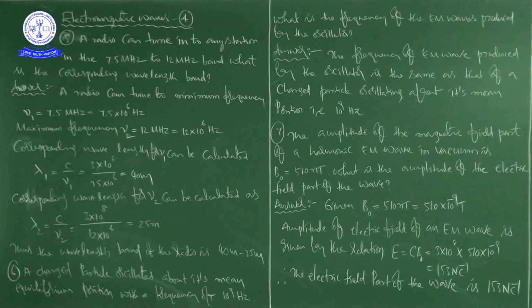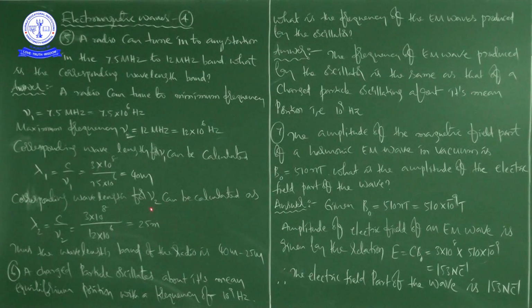So 1000 into 3 divided by 75: 3 by 75 is 1 by 25, so there is 1000 and here is 25. What is the answer? It is 40, no? 25 into 40 is 1000. So the corresponding wavelength for nu 1 is 40 meters. Next, the corresponding wavelength for nu 2.